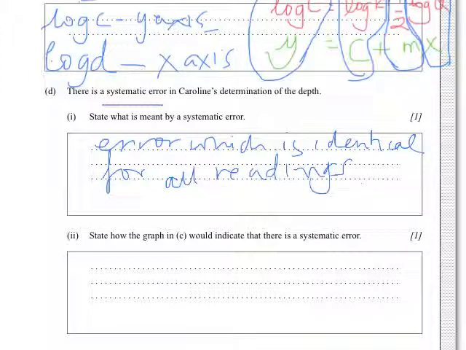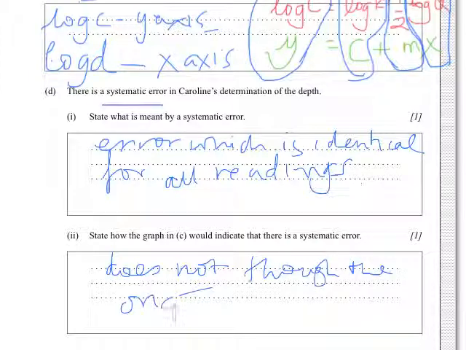And why do we know that that's the case? Because the graph does not go through the origin. Any graph that does not go through the origin could be following a different relationship, or it just simply has a systematic error.